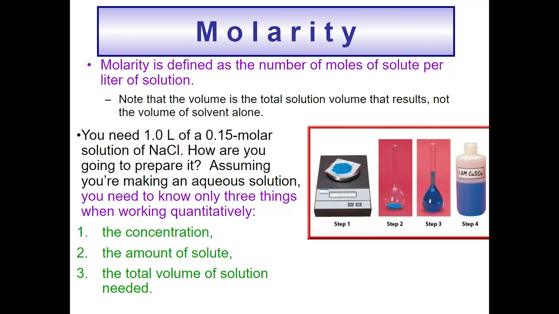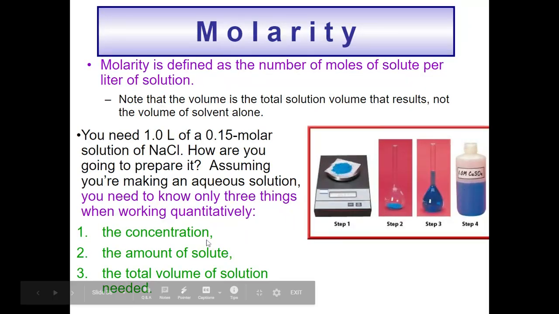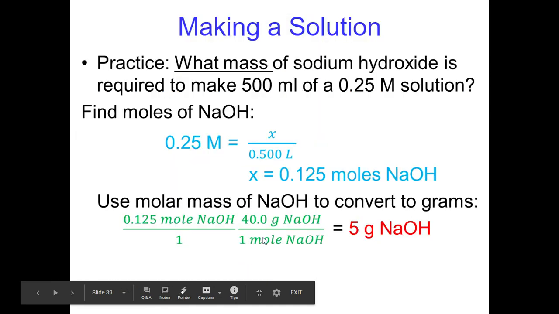And in the lab, I can't figure out moles unless I know grams. I don't have a device to measure moles, but I can measure grams. So I need to figure out how many grams. We think, okay, I have the concentration, I have the volume, and I need the amount.